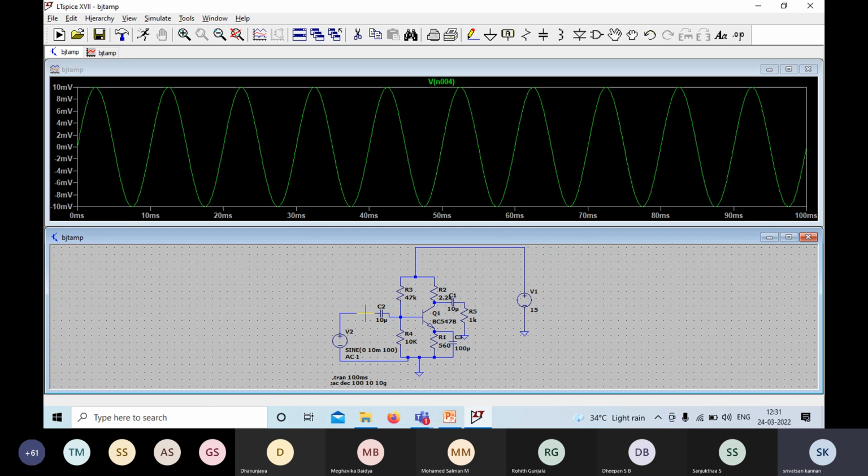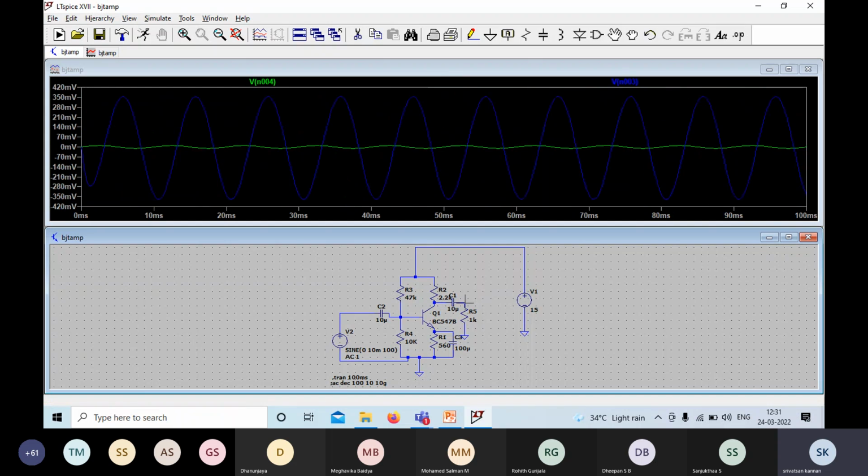This is the input, 10 millivolt, and this is the output, V03. We got the waveform like this.